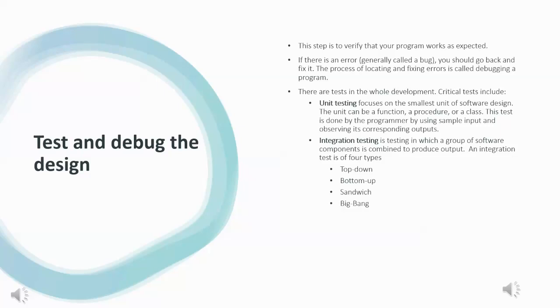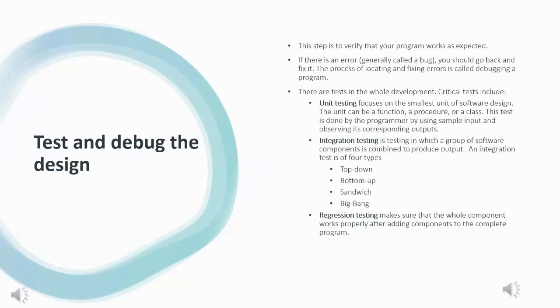Then modules are integrated incrementally and tested to ensure smooth interface and interaction between modules. Top-down testing tests the top layer of software first, then tests sub-modules. Unavailable or not developed modules or components are substituted by stubs.